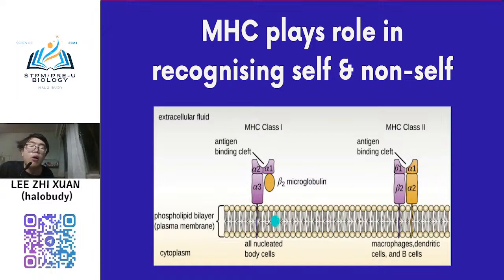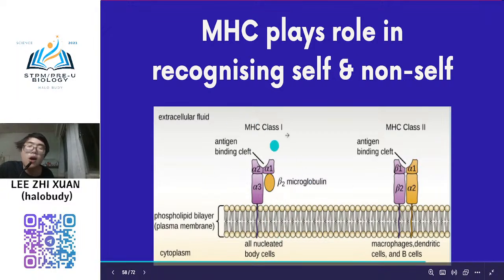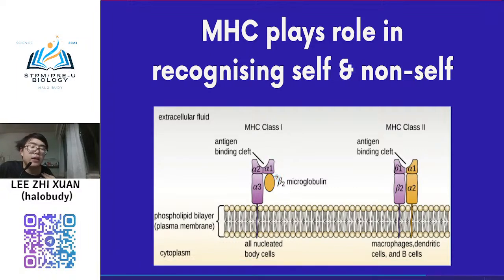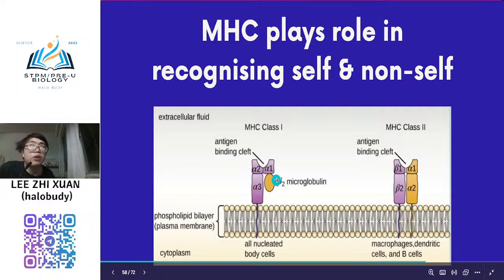And as I mentioned yesterday, all the nucleated cells in our body will express MHC class 1. So MHC will play the role in recognizing self and non-self. They will recognize MHC class 1.